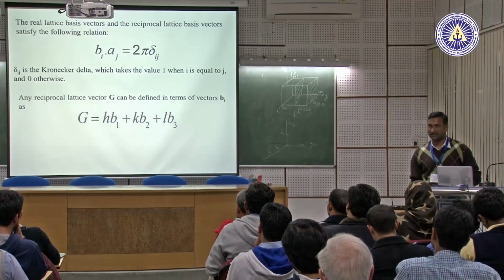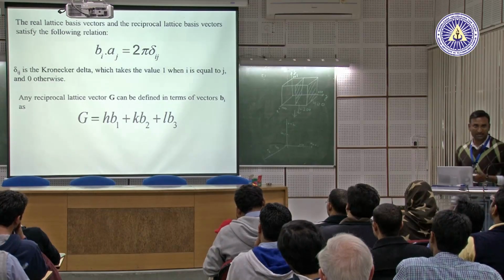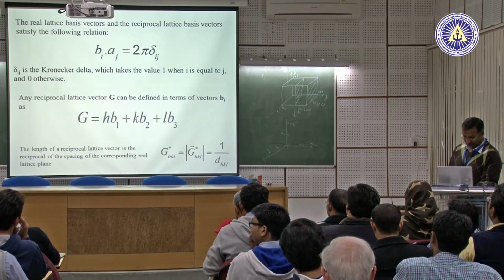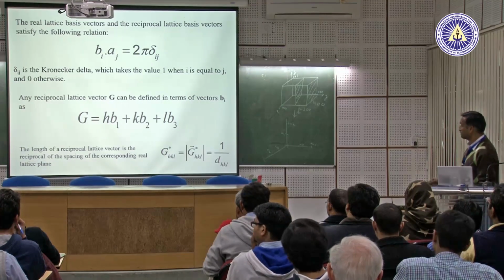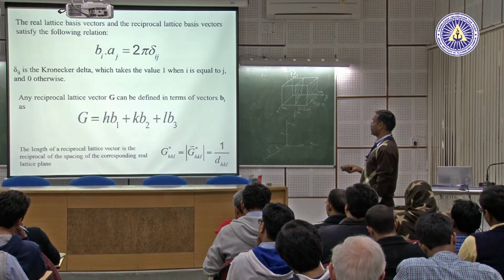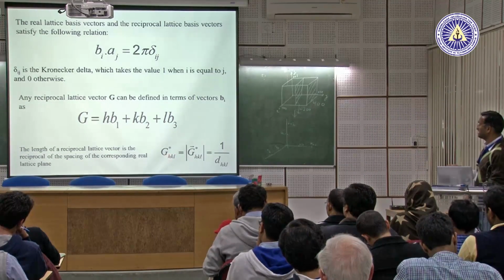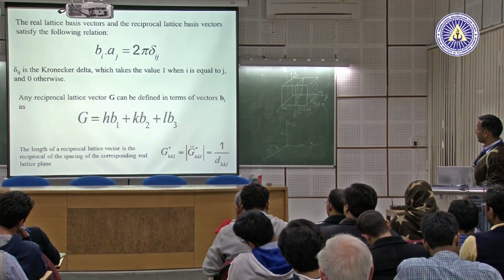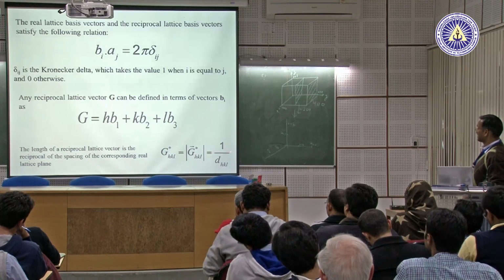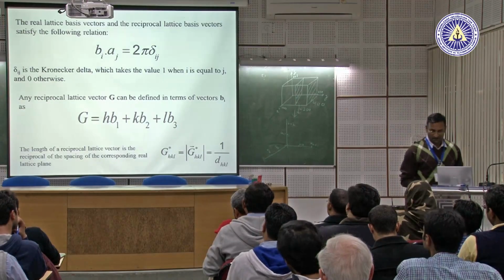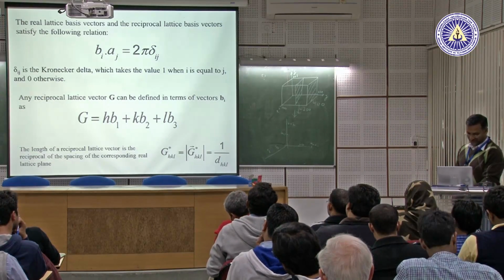So this is the reciprocal lattice vector, which is based on a certain definition, the cross product of real lattice vectors. And the length of this reciprocal lattice vector is the reciprocal of the spacing of the corresponding real plane. So this G star hkl is nothing but the mod of G hkl, and this is equal to 1 over d hkl. We will look at this in a little bit more detail in the next 1 or 2 slides.